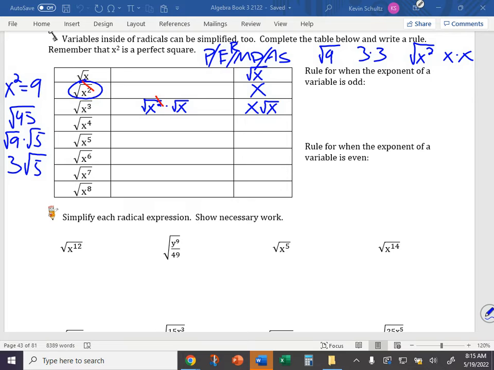The root of 9 is 3 because 3 times itself equals 9. So when we take the root of x squared, what we're looking for is what times itself equals x squared. That's where x comes in, because x times itself equals x squared. Therefore, the root of x squared is equal to x.